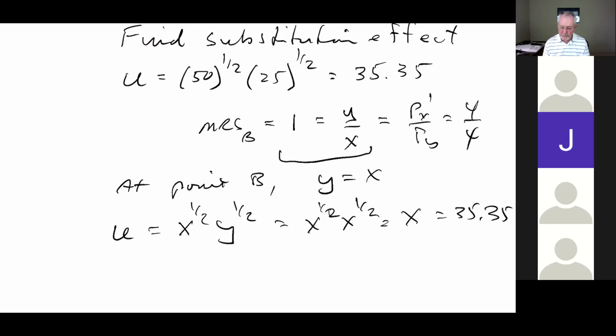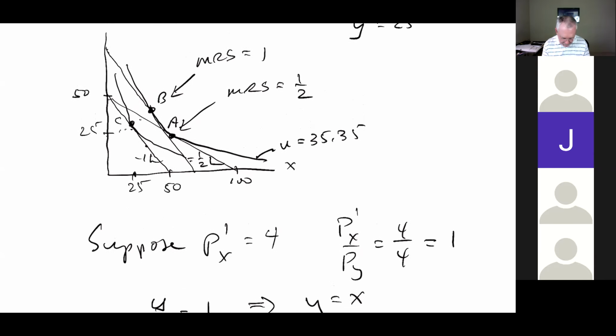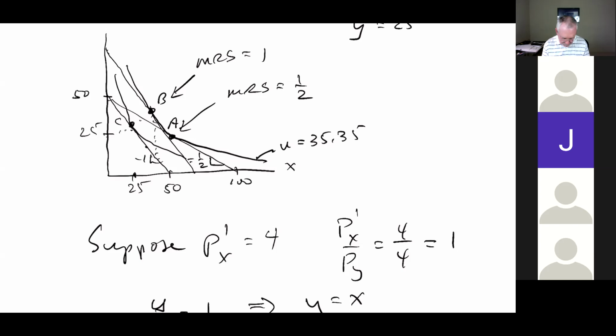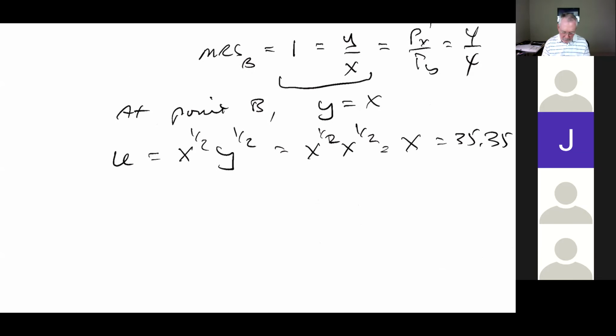So I found my substitution effect. I found that at point B, X must be 35.35. And of course, Y has to be 35.35 too, because it's equal to X at point B. Now, what's the utility?